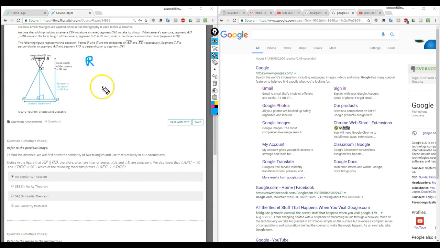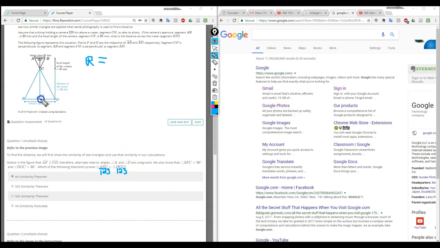So the ratio for corresponding sides, and how will I know which ones are corresponding? So A is the first vertex listed, second vertex, third vertex. First, second, third. So when we're talking about corresponding sides, we need to make sure that if I go from the first vertex to the second vertex in one triangle, in the other triangle I need to go from the first vertex to the second vertex.